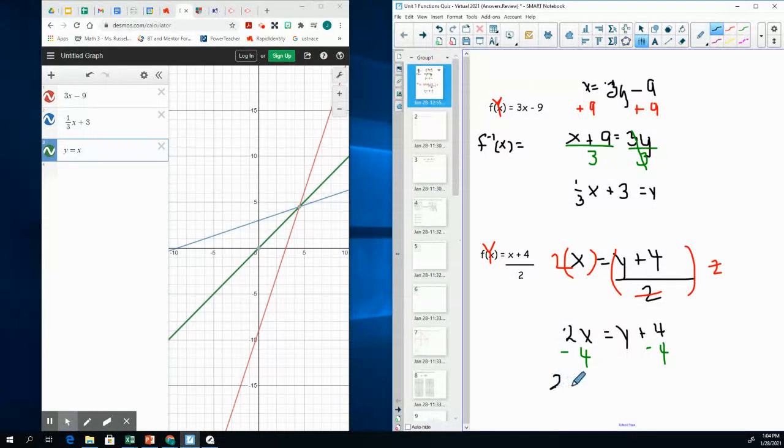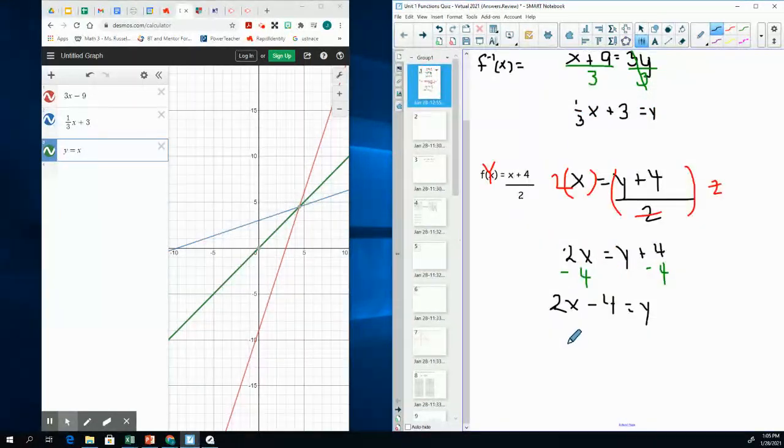So now we should have 2x minus 4 equals y. Or again, it could be written as f of negative 1 x. And again, that's just stating that it is the inverse of your original f of x. And then 2x minus 4.